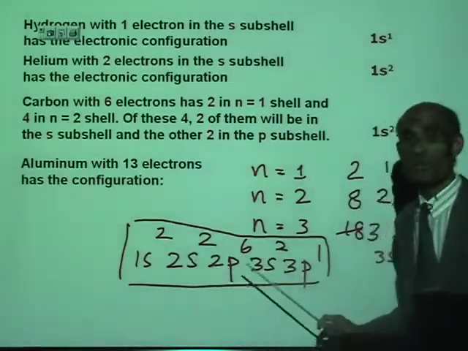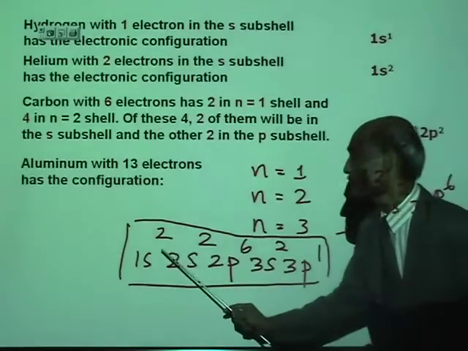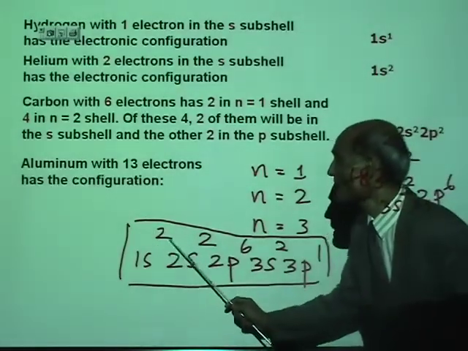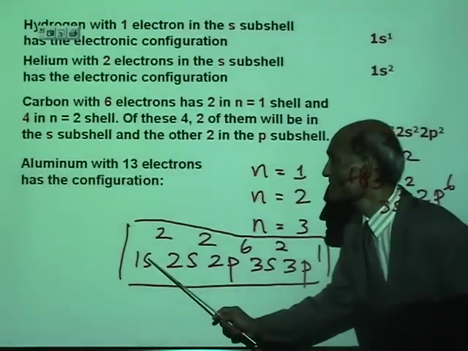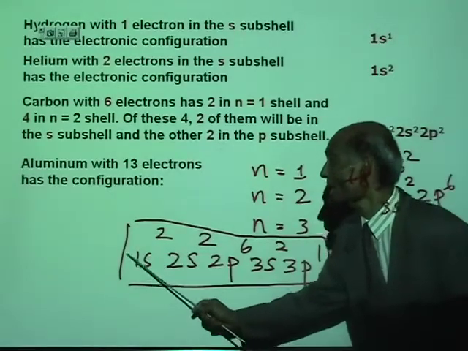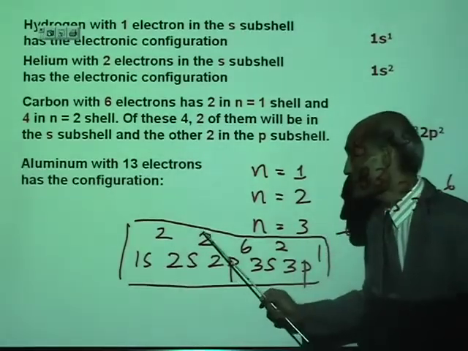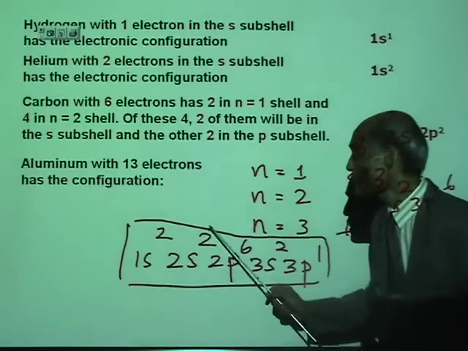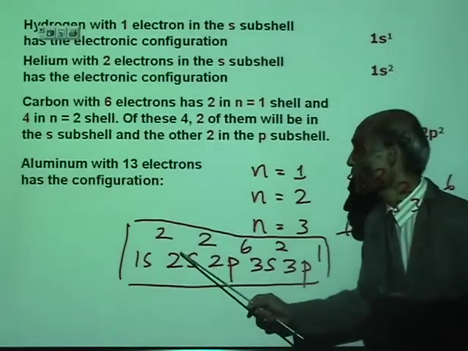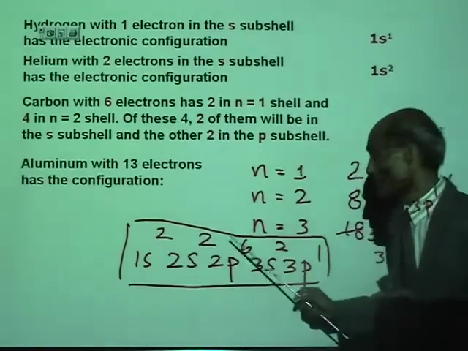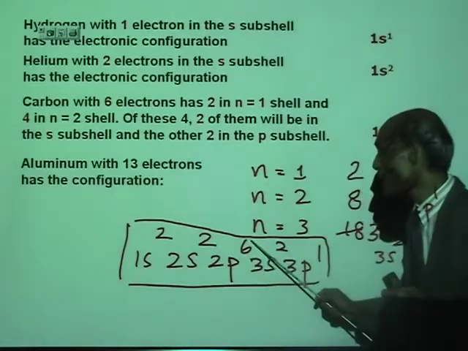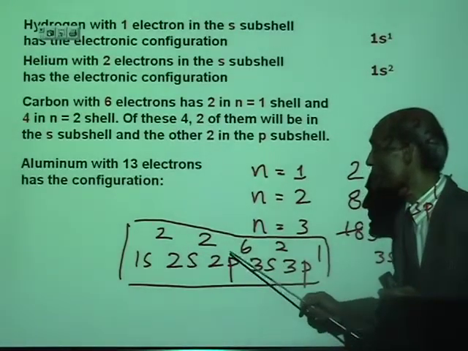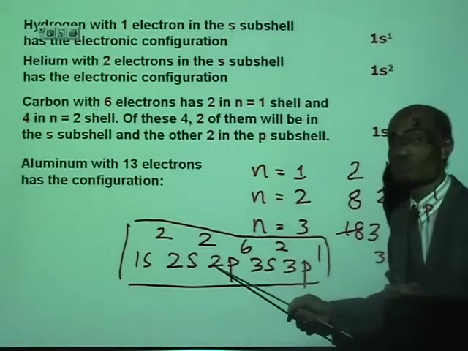Let me read it out for you. It means the first 2 electrons in the S subshell for n equal to 1. The next 2 electrons in the S subshell for n equal to 2. The next 6 electrons in the P subshell for n equal to 2.